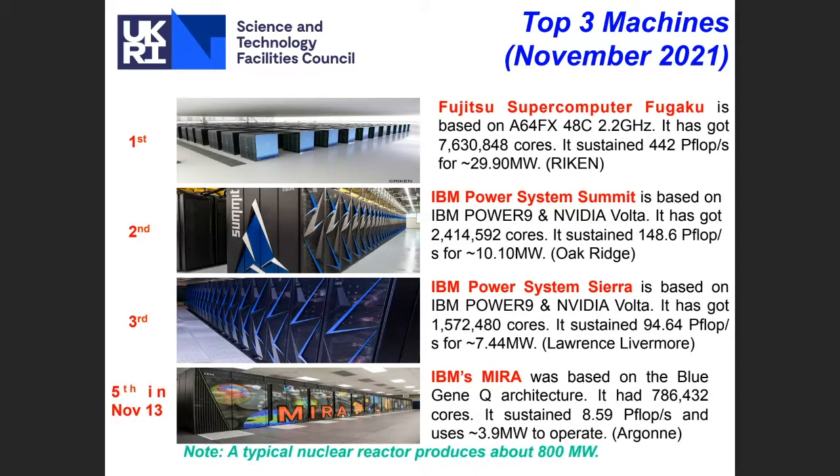And the last machine here, IBM Mira, was a Blue Gene Q, so this type of machine doesn't exist anymore. But that's where Code Saturne was tested, not on the most, but on the largest number of cores.